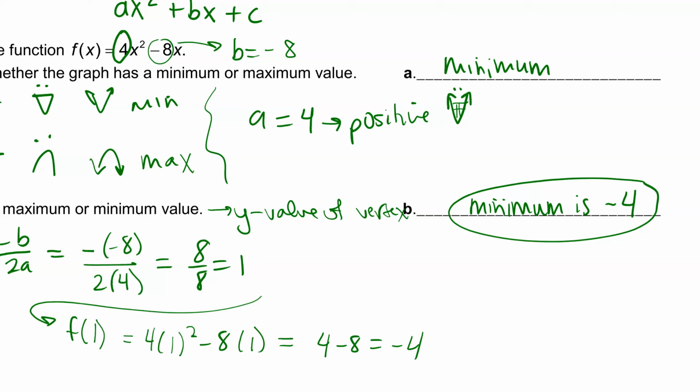So we didn't do very many questions like this. But where this comes into play is like cost analysis. If you are a business person, you could model your sales as a parabola and try to figure out how to get the most money for the least amount that you're spending.